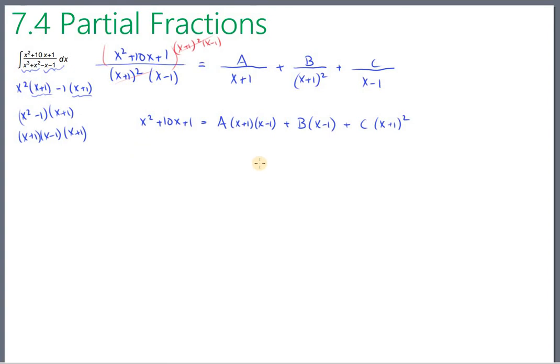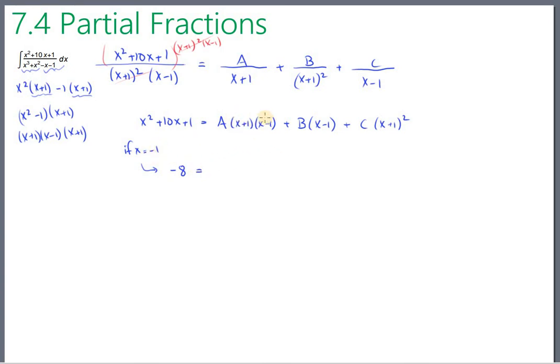Let's see what we can discover about a, b, and c. I'll just start by saying, let's plug in something that cancels the factors. So if x is negative 1, that'll be 1 minus 10 plus 1, so it'll be negative 8 equals, plug in negative 1.